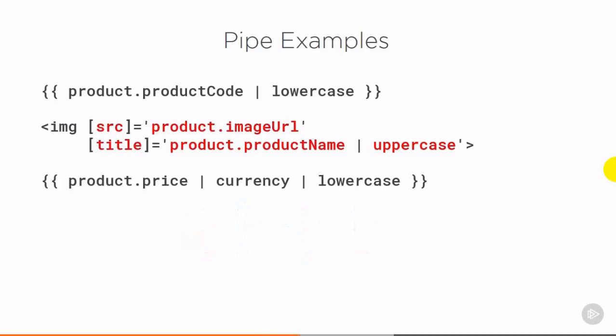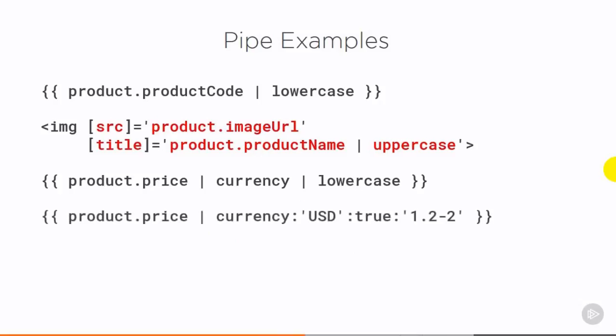Some pipes support parameters. Parameters are defined by specifying a colon and the parameter value. For example, the currency pipe has 3 parameters: the desired currency code, a Boolean value indicating whether to display the currency symbol, and digit info.